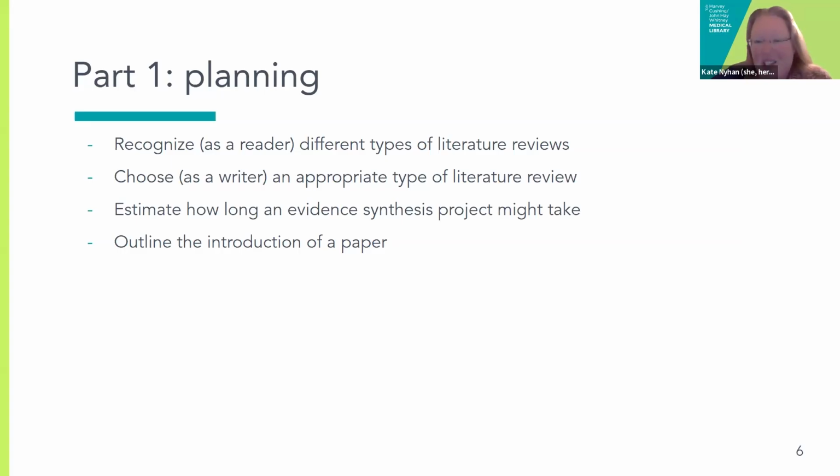I'm going to caution you about evidence synthesis projects like systematic reviews or scoping reviews, and exactly how long you need to anticipate they will take. And then we'll talk about a more common type of literature review where you have the introduction of a paper and you need to situate the work you're going to describe in the main part of the paper with background in the introduction.